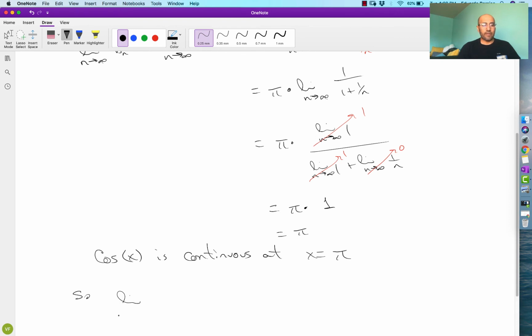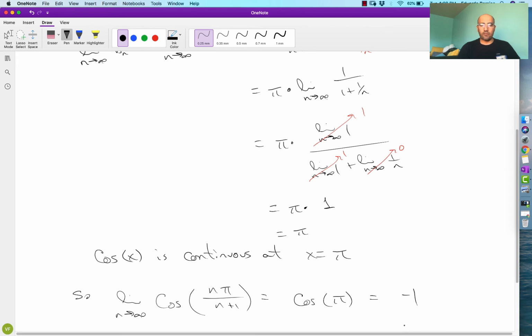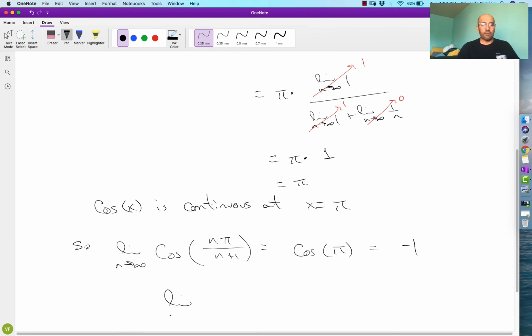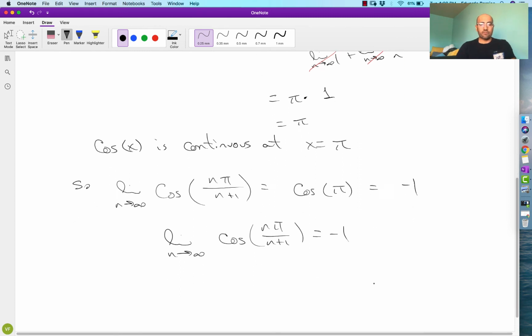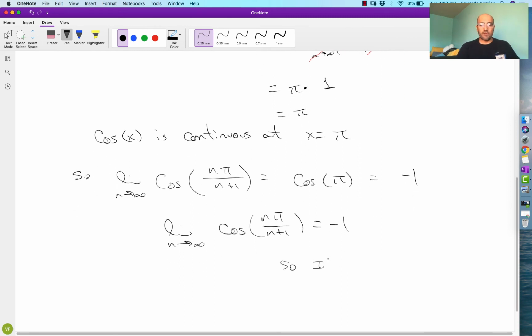So the limit as n goes to infinity of cosine of n pi over n plus 1 is equal to cosine of pi, which is going to be equal to -1. So that's our answer. The limit as n goes to infinity of cosine of n pi over n plus 1 equals -1, therefore it converges. So it converges.